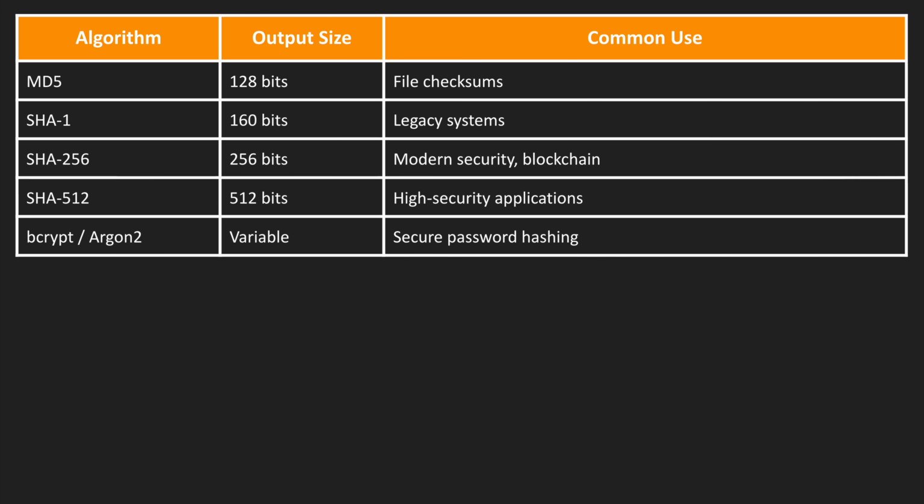So what are the popular hash algorithms that we are using for hash functions? The first one is MD5. It's used for file checksums. We have SHA-1, which is used in legacy systems, and also we have SHA-256, which is for modern security and the blockchain.